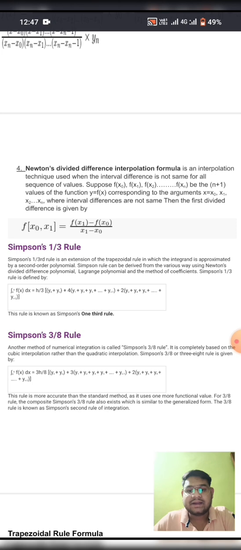Then the first divided difference is given by f(x0, x1) equals (f(x1) minus f(x0)) divided by (x1 minus x0).